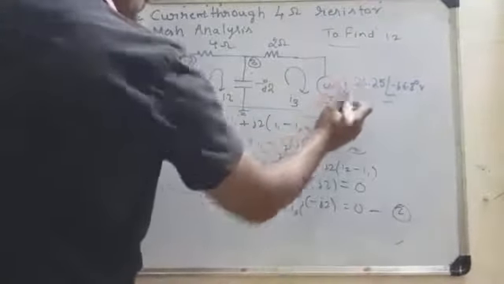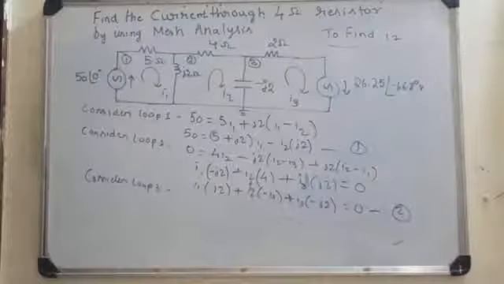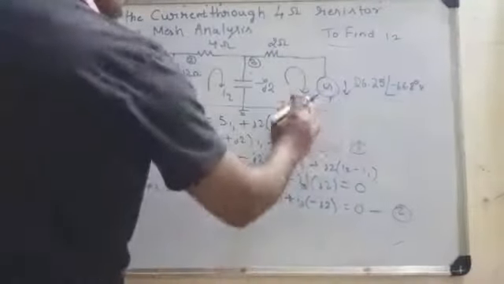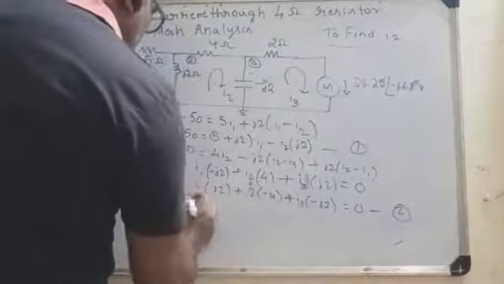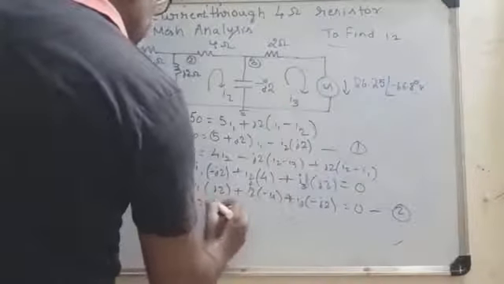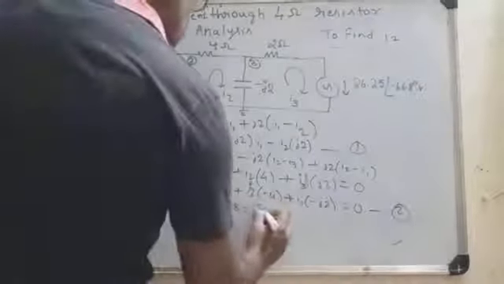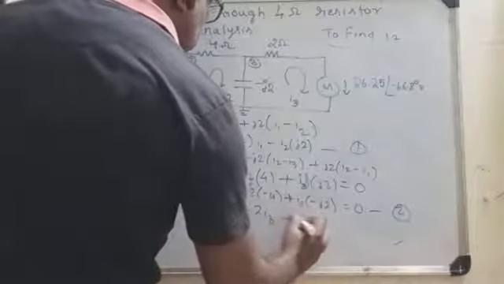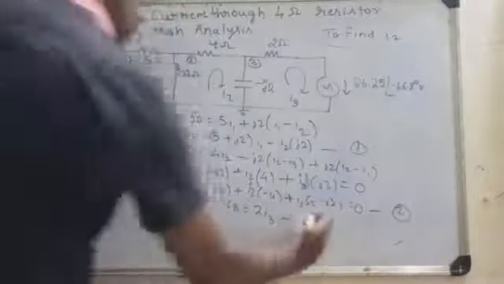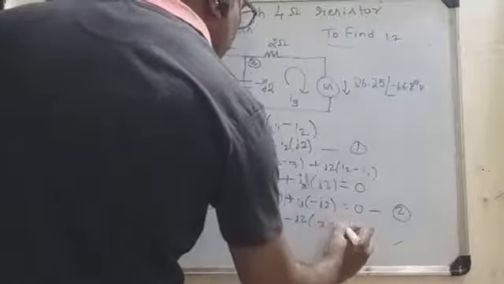If you see this is showing negative, that means it is in the same direction as the current, so you can take this as positive. 2 I3 minus j2 into I3 minus 8.